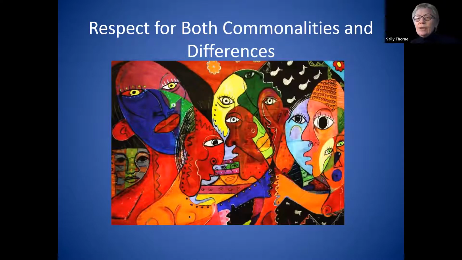Within this kind of research, we inherently need to respect both commonalities that we might find and diversities. And this becomes quite important in that we might study something not to understand simply what's common among people having the same disease or undergoing a certain kind of intervention or living with a certain kind of social complexity.